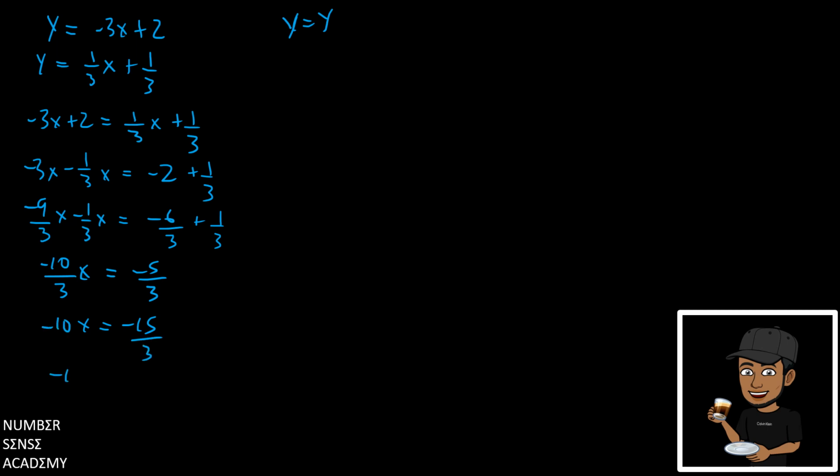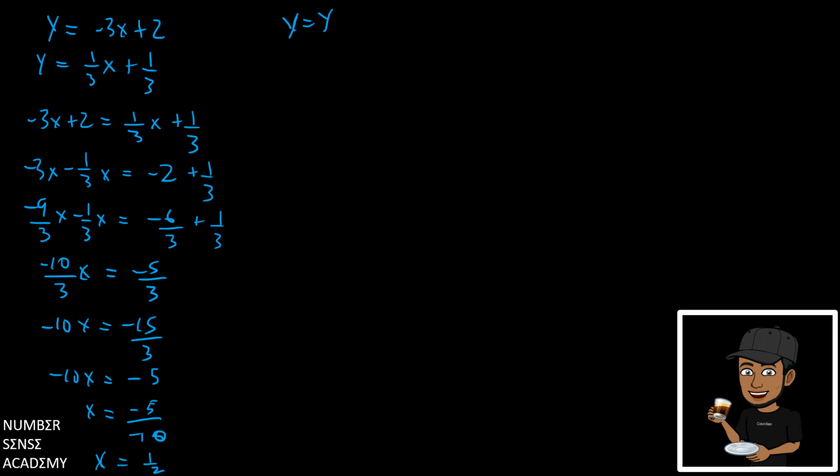Which means that negative 10x is equal to negative 5, and then x is equal to negative 5 over negative 10. x is equal to 1/2.